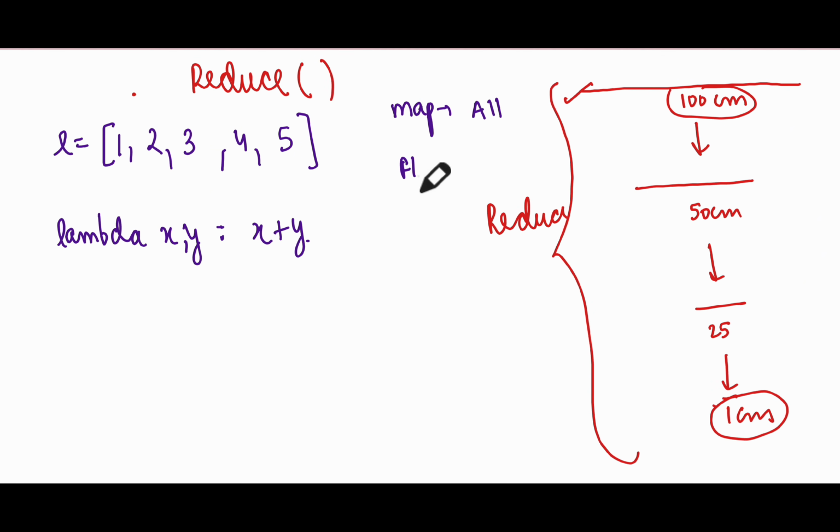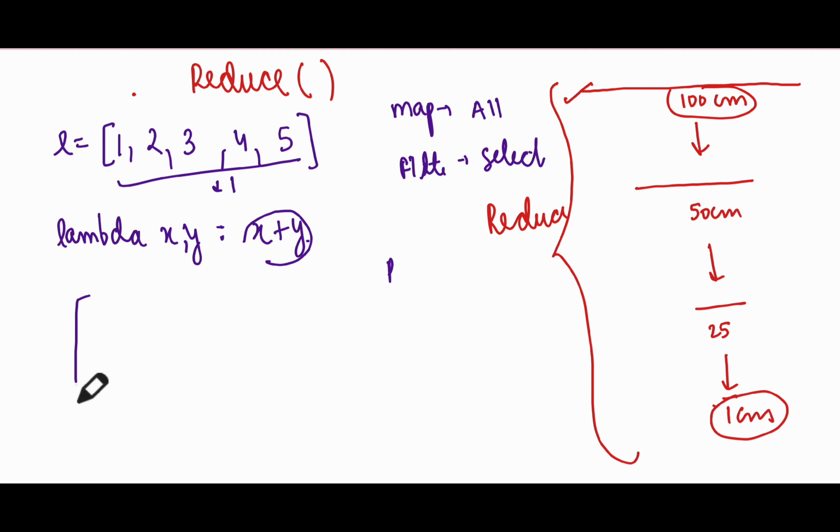What happens when you use filter, it basically selects a few values. And when you use reduce, it keeps on applying this function to the list till the number of elements is reduced to 1. So what it will do first is, let us say you have this list 1 2 3 4 5.